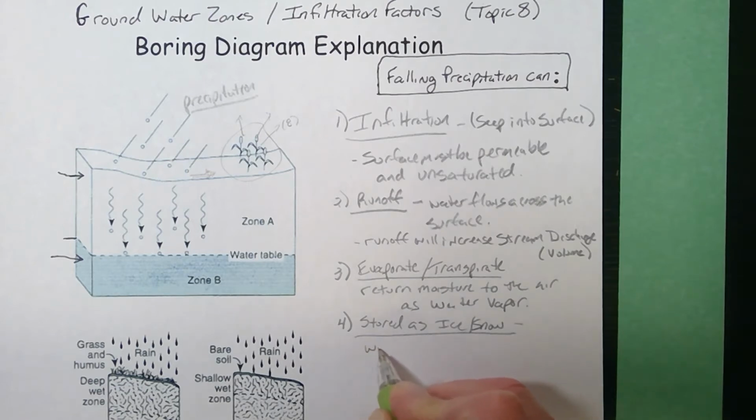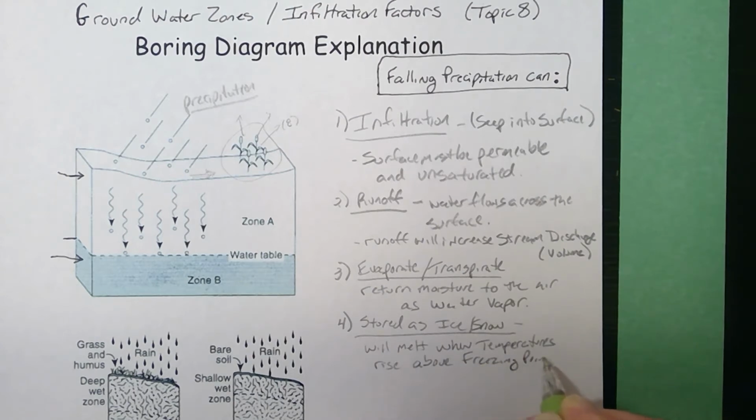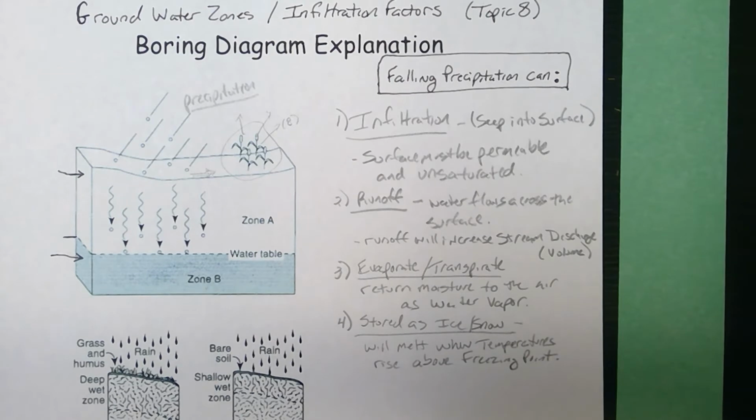Okay, eventually it will melt when the temperatures rise above the freezing point. Then the water is either going to infiltrate or run off or evaporate or one of the other processes.